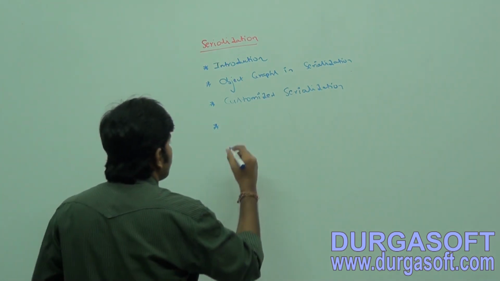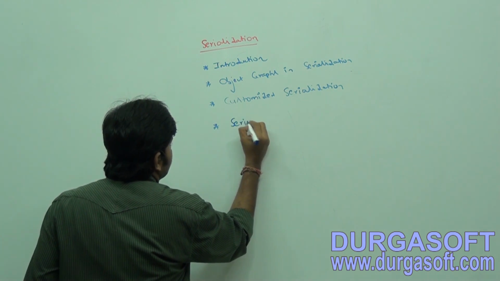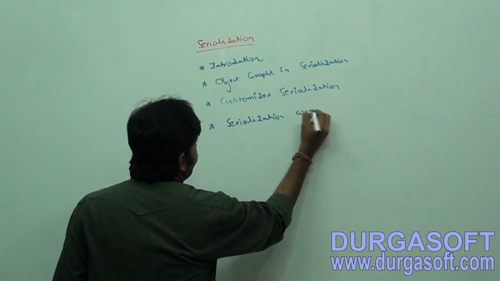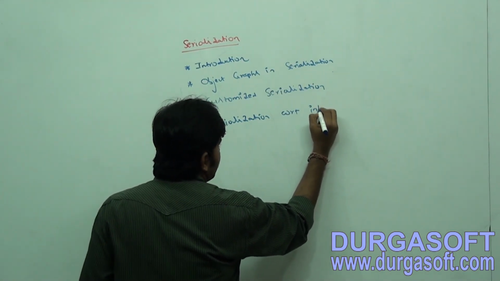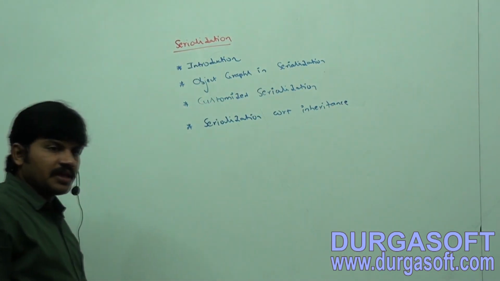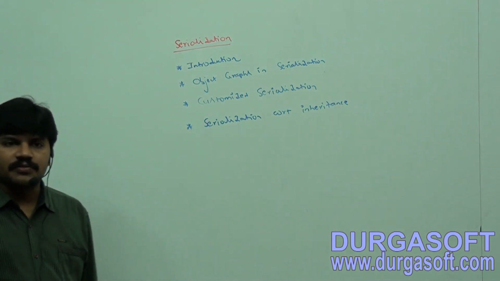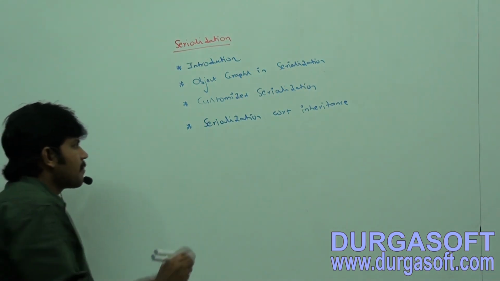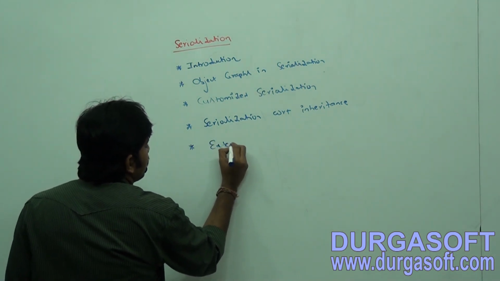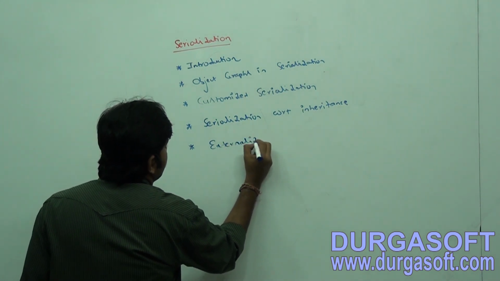Fourth one, serialization with respect to inheritance. And then we can go for externalization.